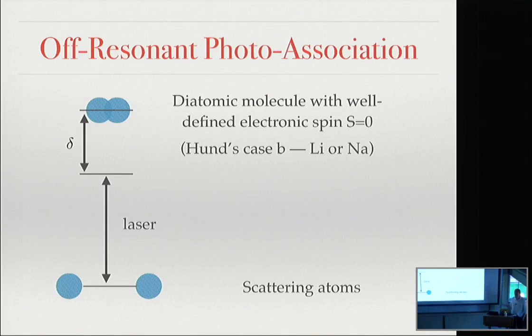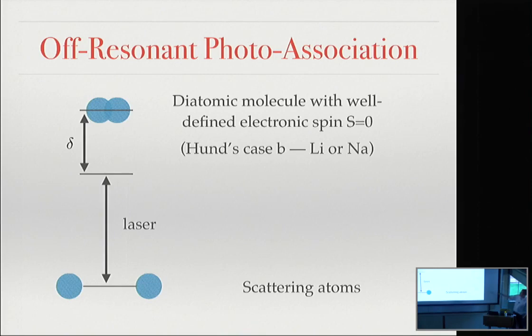Right? In particular, if this molecular state has a well-defined electronic spin, that's S equals 0, then we're only going to couple to it if these guys are an electronic singlet. Okay.